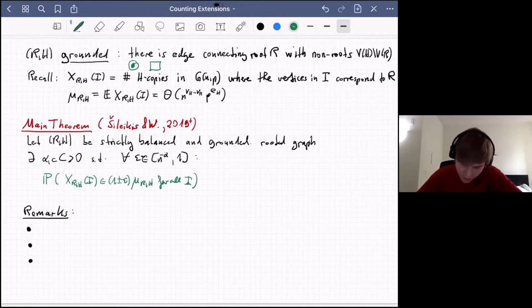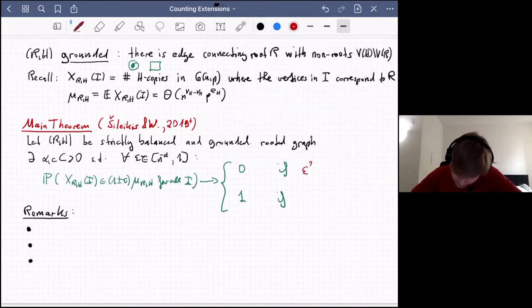Now we don't want just one statement, but two different statements. We want that in one regime this probability goes to 0, in the other it goes to 1. The condition that we prove in this case is that the correct criterion should depend on epsilon squared times the expected value.